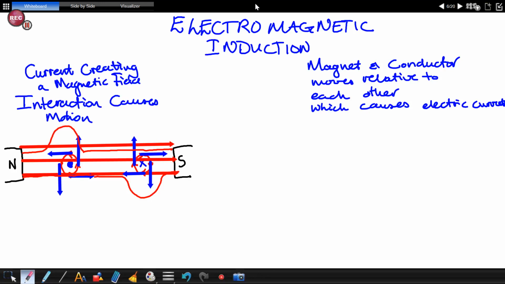So, middle finger, current coming out towards me. Index finger, magnetic field going to the right. And this part of the conductor will move up. So electricity creates motion. There, the current is flowing away from you.